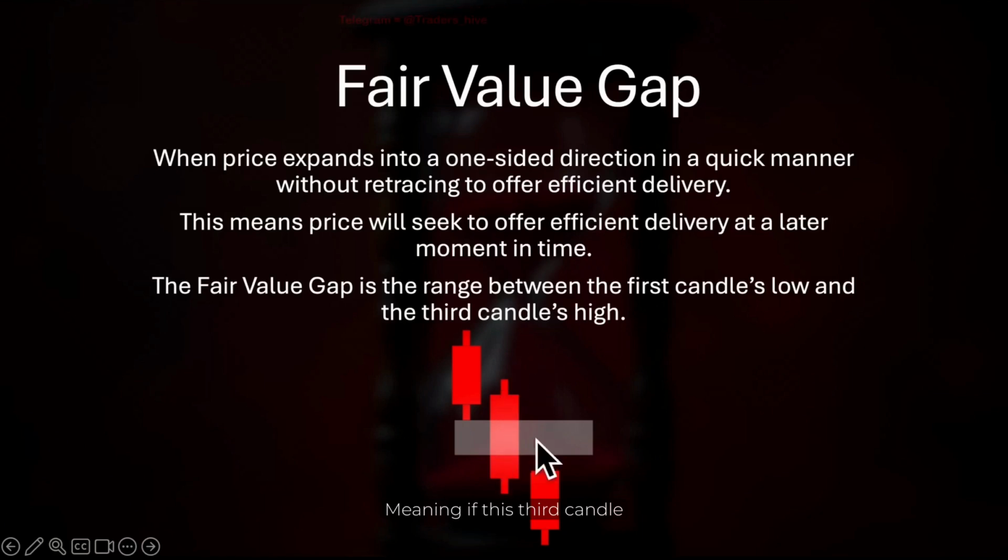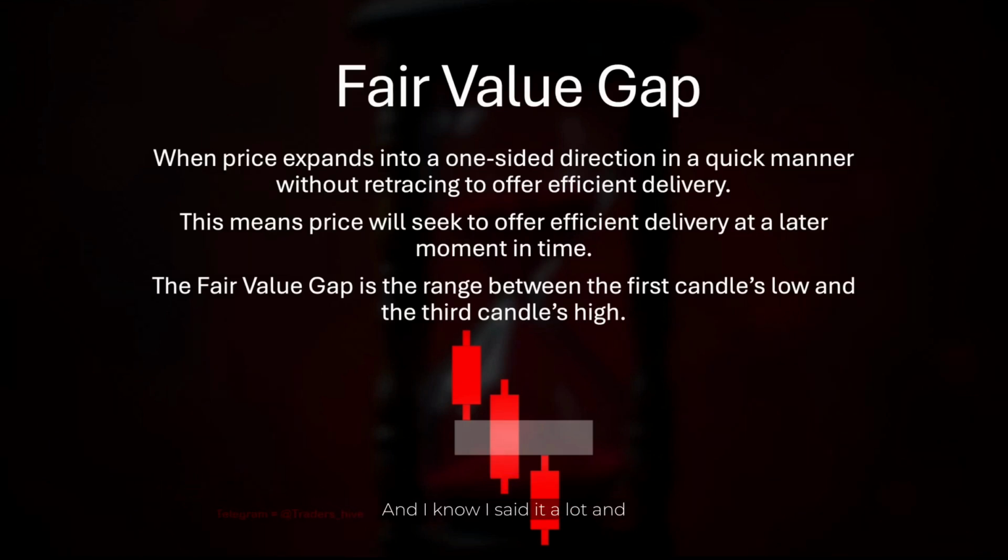Meaning if this third candle would have repriced all the way to the low of the first candle, then this price range would have been balanced out. But because that didn't occur, buy-side has to be delivered at a later moment in time to reprice back into that range to deliver efficiently inside the price range.